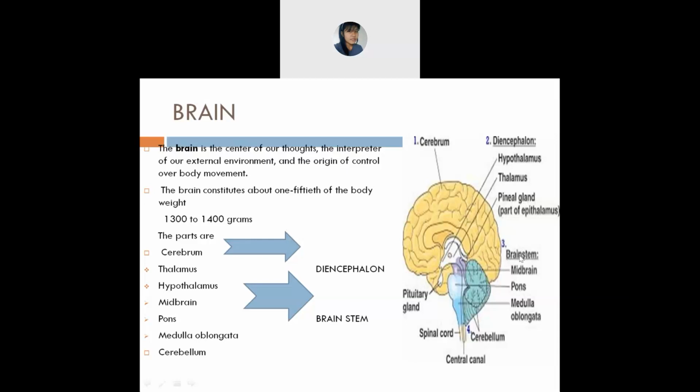Okay, the third is the brainstem. Under the brainstem, you will find midbrain, pons, and medulla oblongata. Okay, next, the last is the cerebellum, which is the fourth. Is it clear about the parts of the brain?